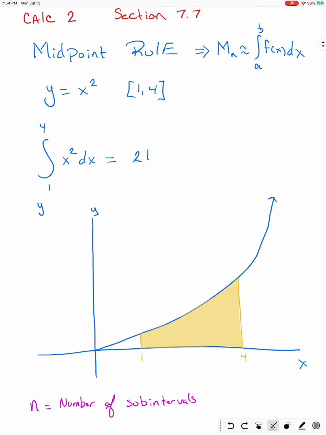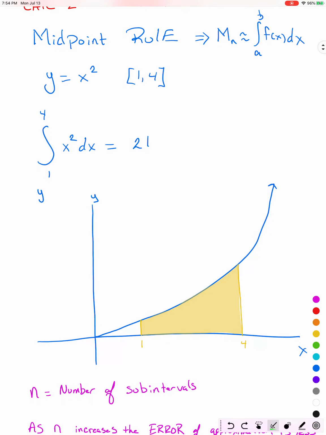So the idea is we're going to take this area in yellow and divide it up into n subintervals. I'm going to choose 3. So here's 1, 2, and 3 subintervals. What we're doing with this approximation is forming rectangles, and we know how to find the area of a rectangle: the area is equal to the base multiplied by the height.